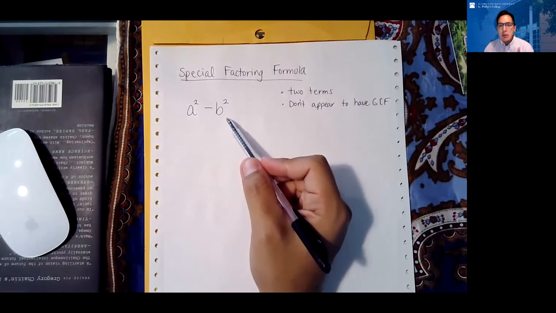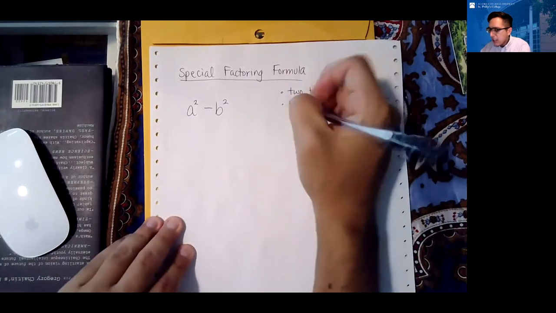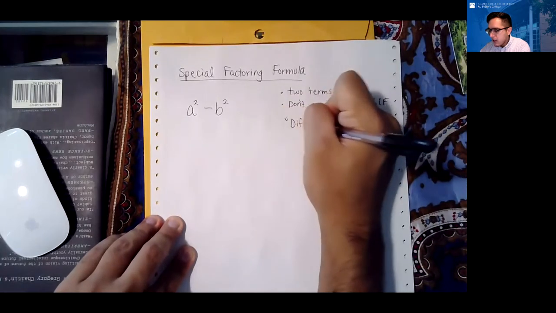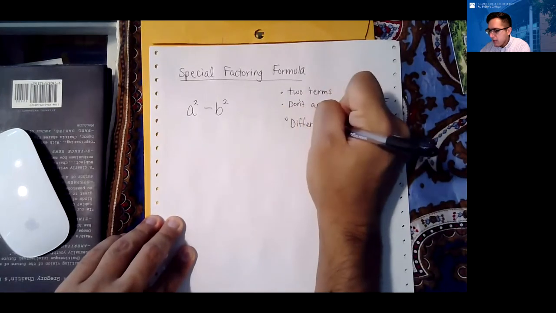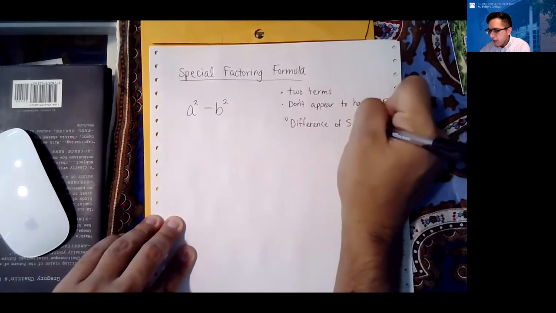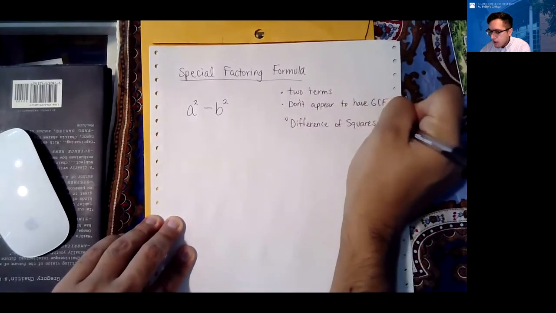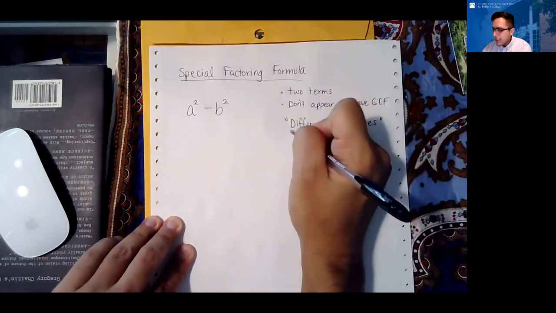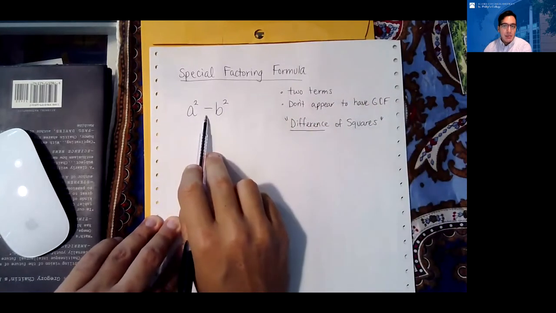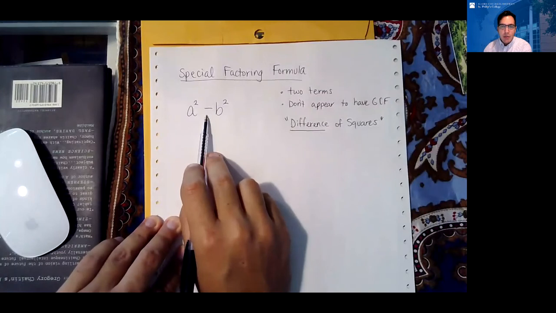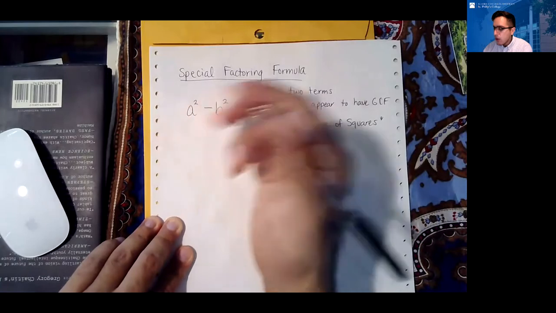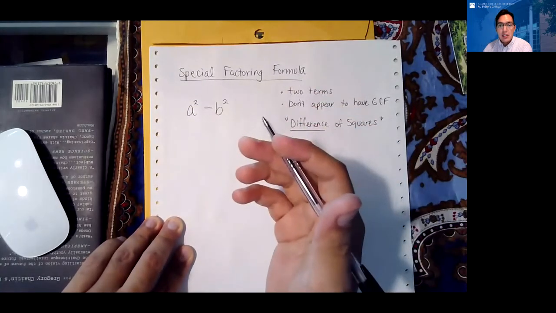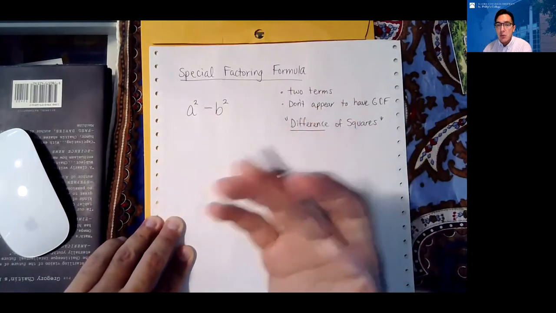But in this particular case, we call this the difference of squares, because again, the first term is squared and the second term is squared. And in mathematics, difference means that you're subtracting something. So for this scenario, you can use the following formula to factor a difference of squares polynomial.